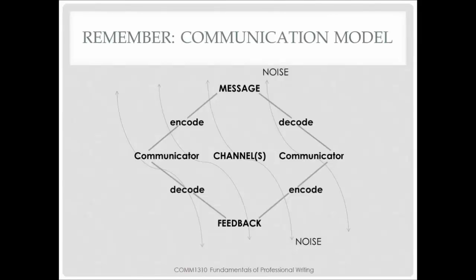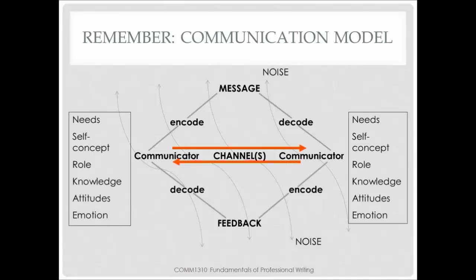Now, if you think back to the communication model we discussed at the beginning of the course, remember that both communicators have underlying needs, self-concepts, roles, knowledge, attitudes, and emotions, things that you may be barely conscious of in yourself, never mind in the other communicator. At the same time, there is all the noise that threatens clear communication. As we've discussed, all of these things affect communication.